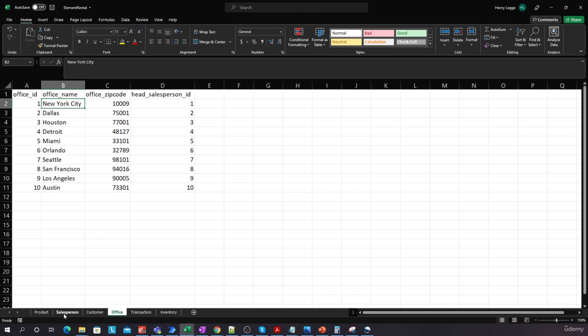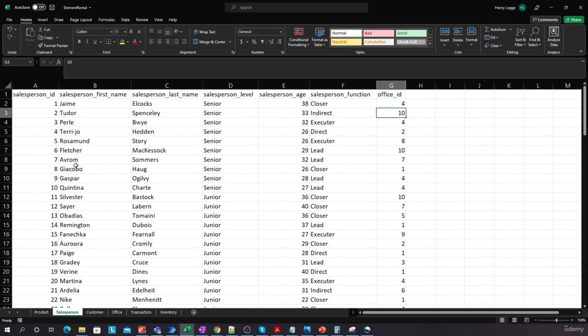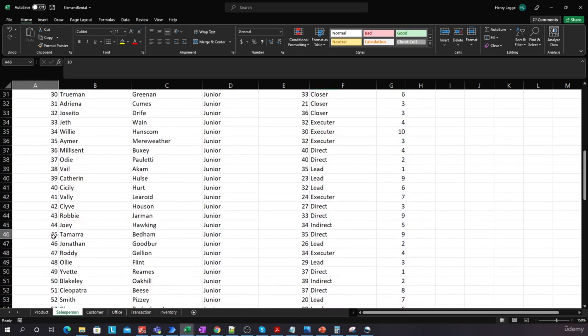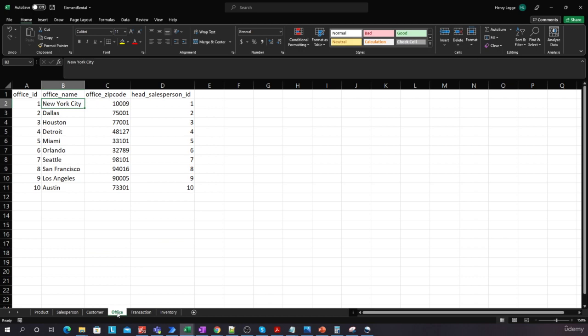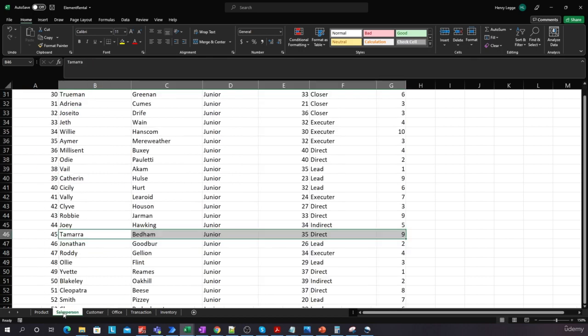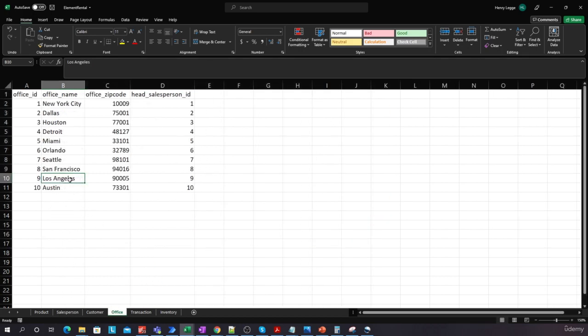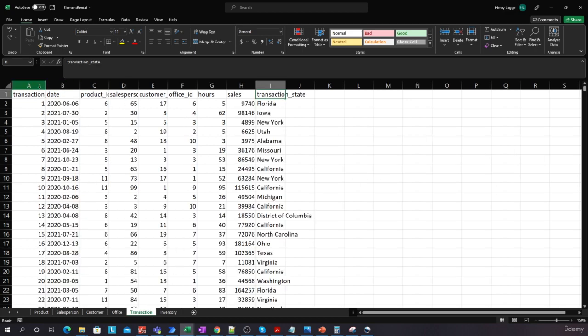So we know, for example, salesperson 45, Tamara, is in office ID 9, and office ID 9 is LA. So we know that Tamara is part of the LA office. Then we go to our biggest data set, which is transaction.